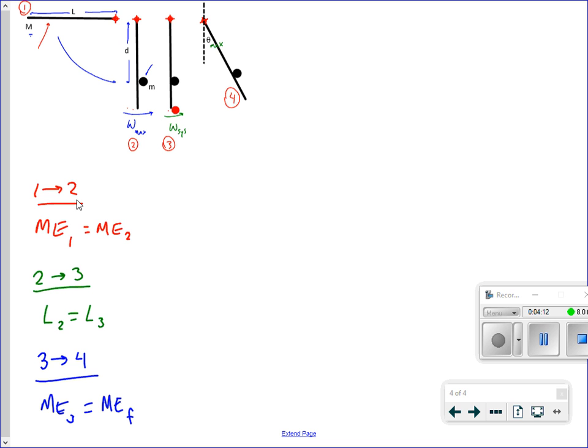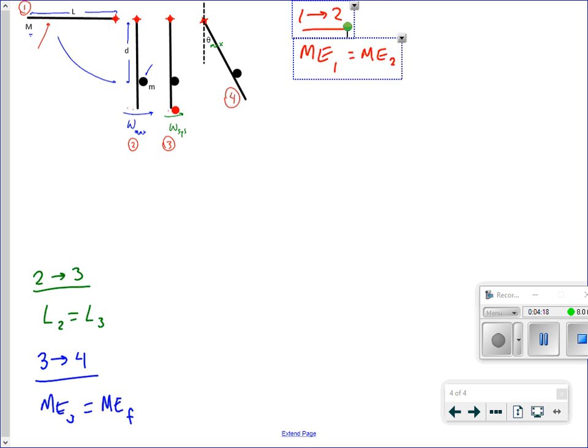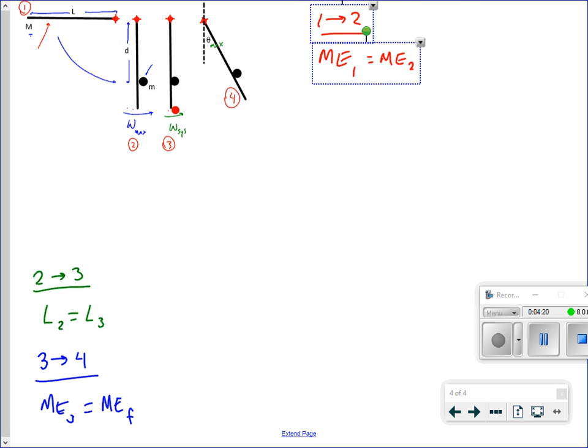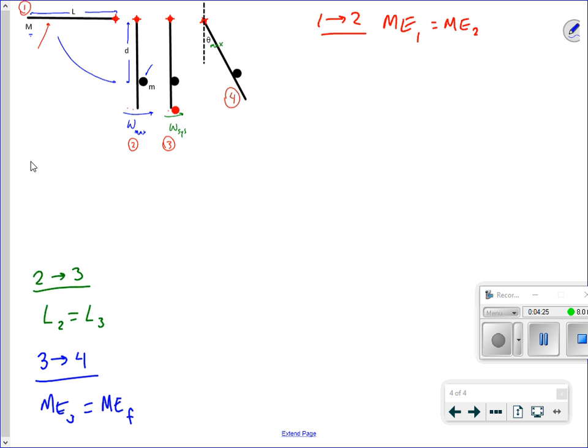Okay, so if we take this first one here and say, let's apply that conservation of mechanical energy from instant 1 to instant 2. Well, this physical pendulum has some gravitational potential energy at instant 1, and it's not moving. And at the end, we can choose to say that this all turns into kinetic energy.